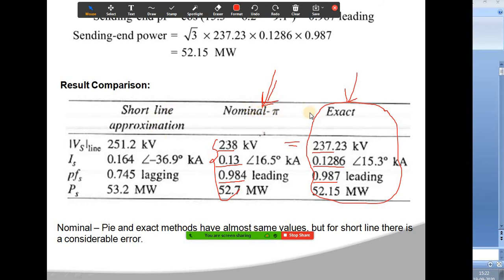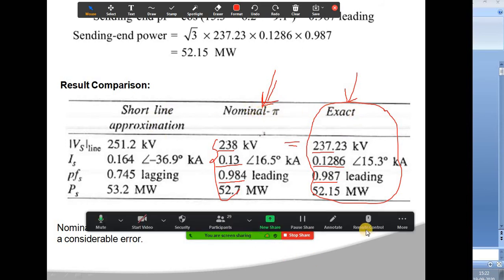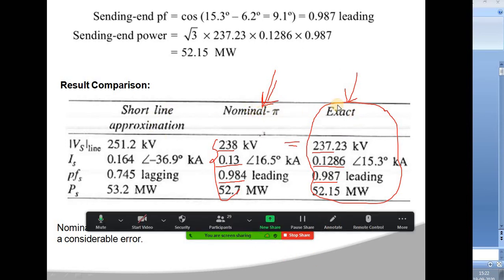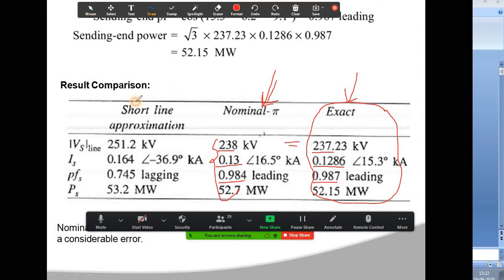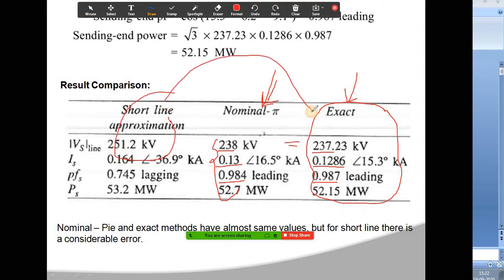But if you compare the exact solution with the short line approximation, the sending end line voltage for short line approximation is 251.2, while the exact value is 237.23.